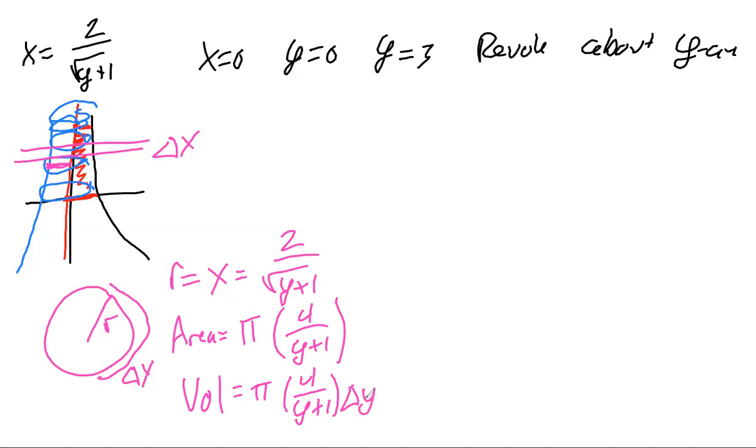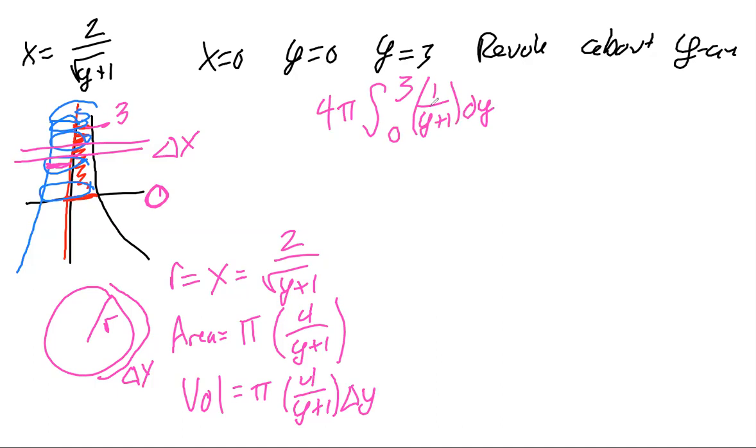So in the integral, we're always going from lowest value, 0, to highest value, 3. So we have the integral of our volume, which is going to be pi, going from 0 to 3. In fact, we're going to take the 4 out as well. We're going to have 4 pi, 1 over y plus 1 dy.